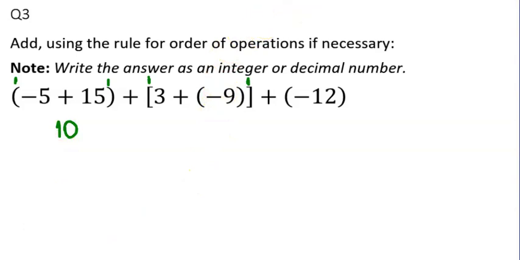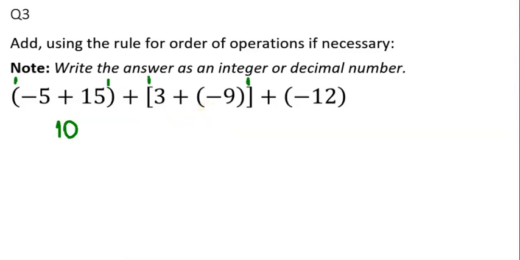So the 10, you guys have to be able to be very good solving addition with different signs. So those 2 are adding together. Different signs, I subtract the number and keep the sign of the bigger number. So then it's a 10 positive. Here, this will be a negative 6.